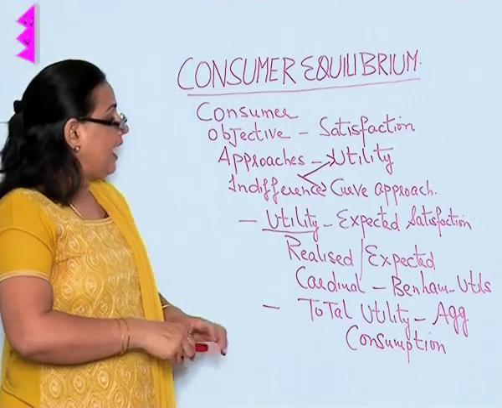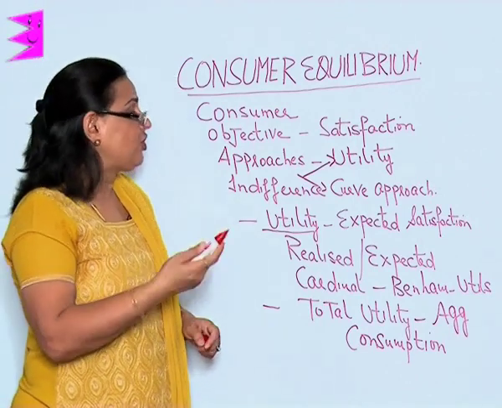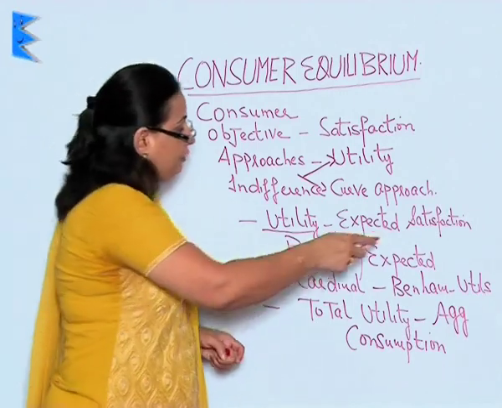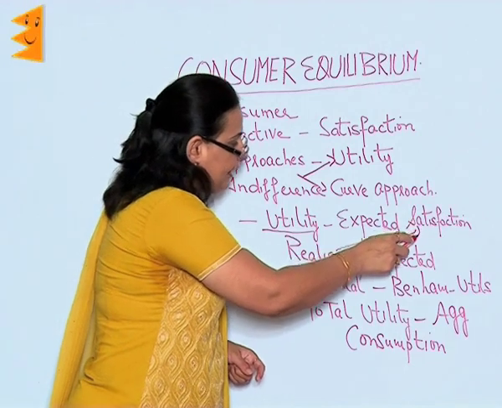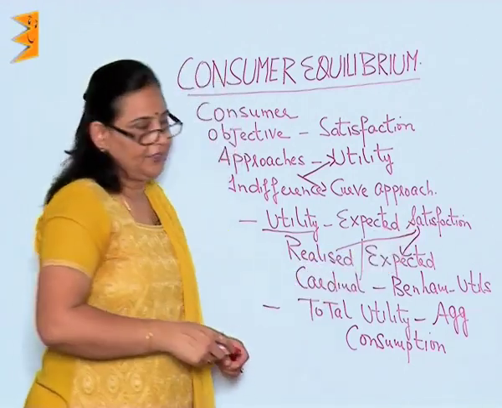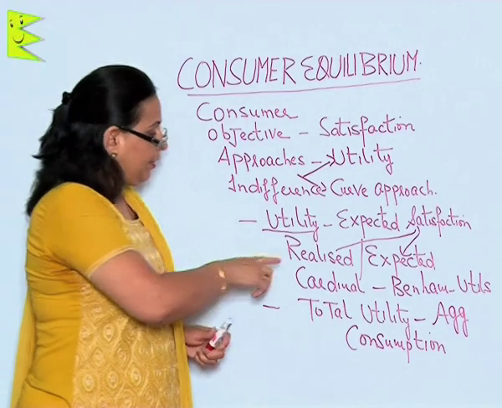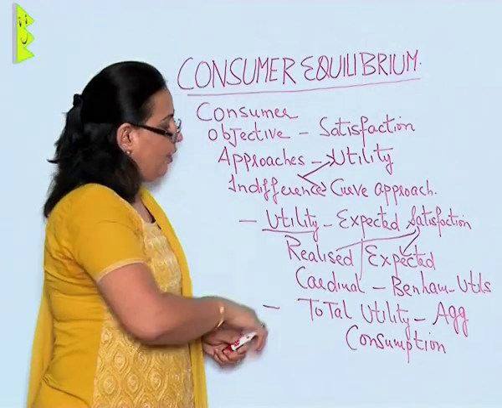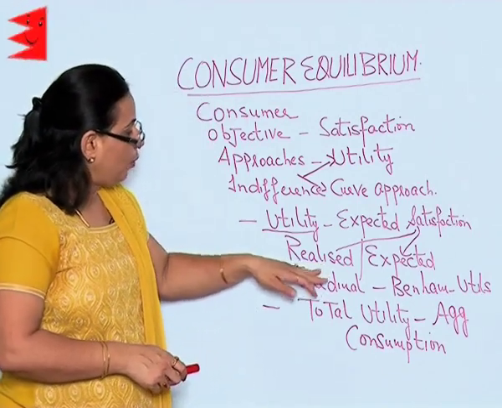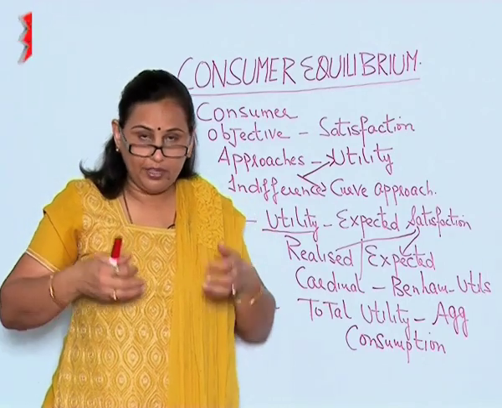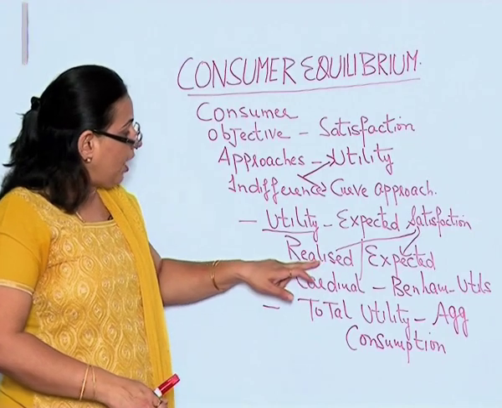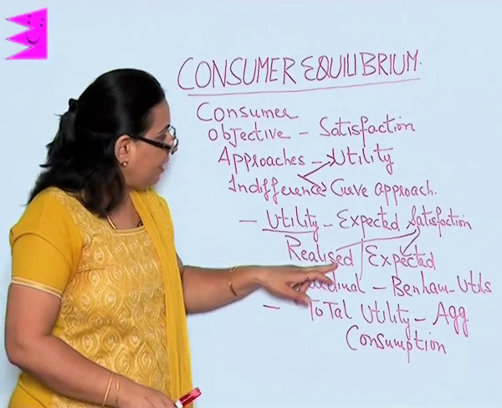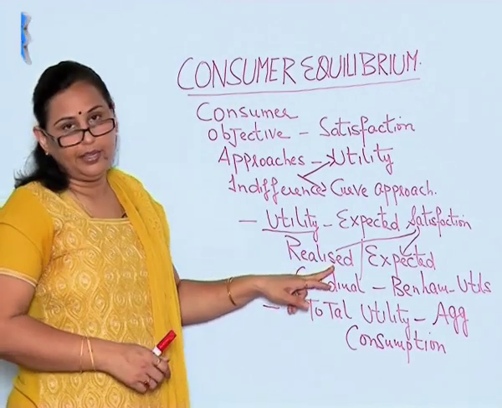Next, the satisfaction that I will derive is of two kinds: the realized satisfaction and the expected satisfaction. The realized utility or satisfaction will come only after I have bought a thing, used a thing, consumed a thing. After that I have realized utility.